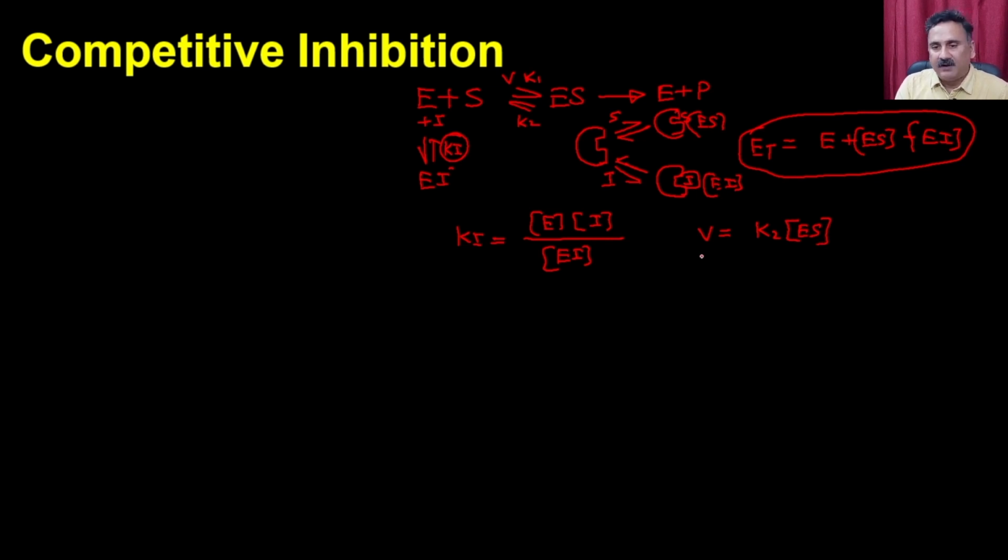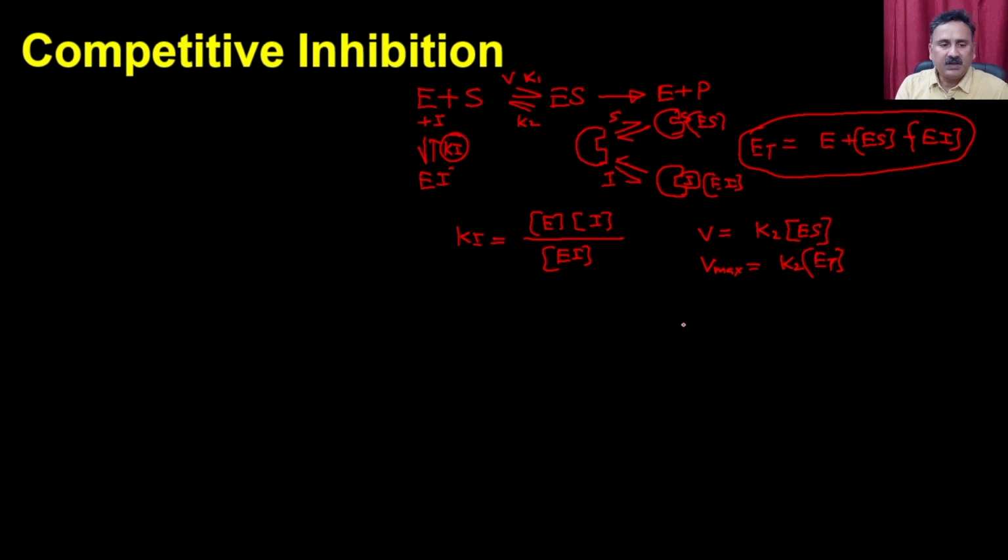And you have the maximum velocity when all the enzyme is present as the enzyme substrate complex. This means the Vmax is K2 multiplied by the ET, right? This is the maximum that is possible.